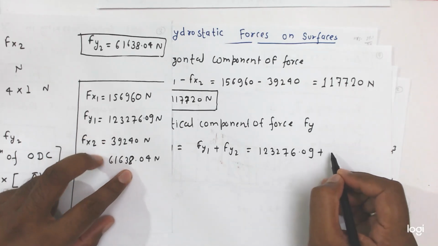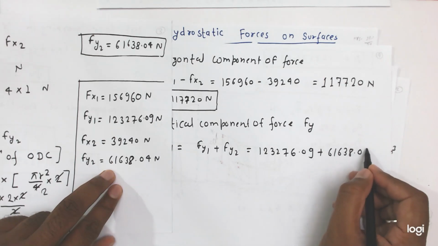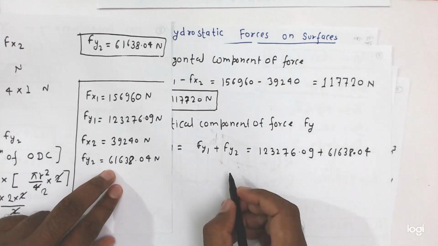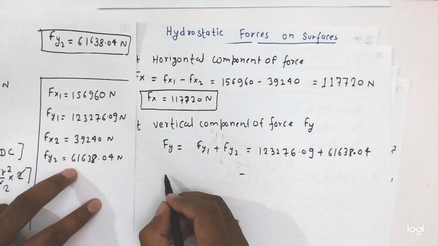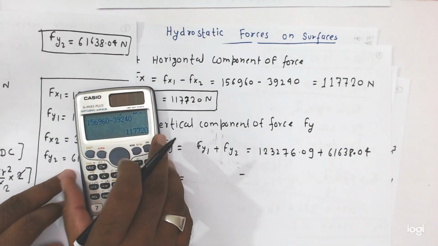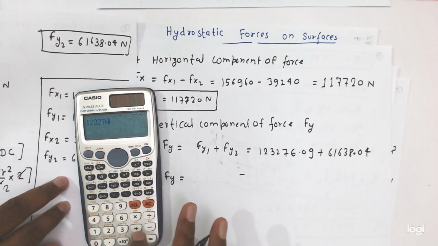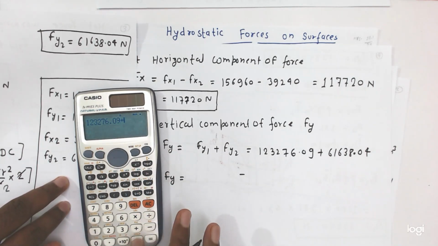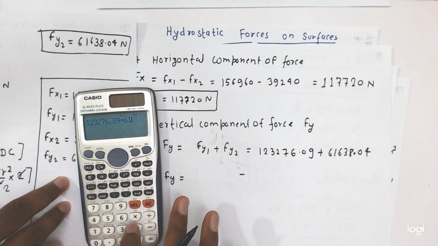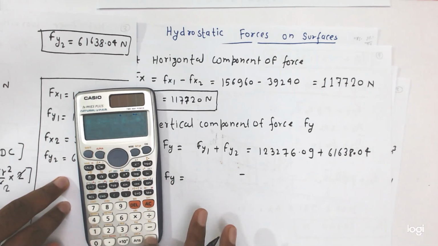12327.609 plus 61,638.04. So it will come around Fy equal to 12327.609 plus 61,638.04.